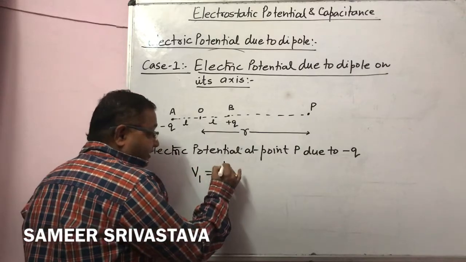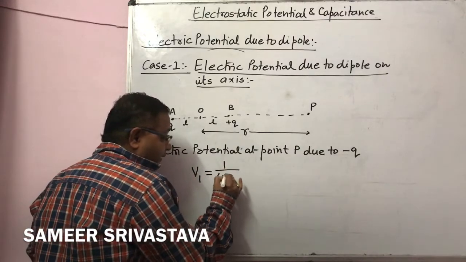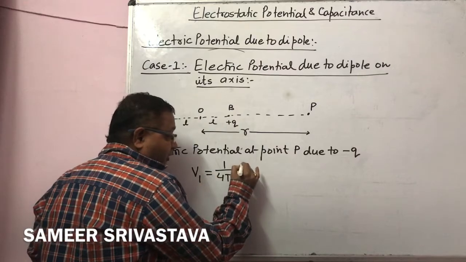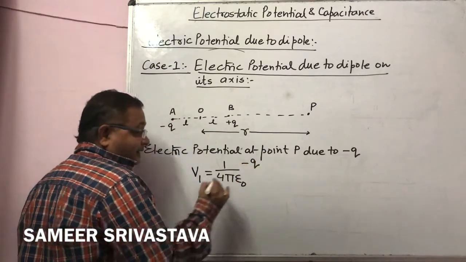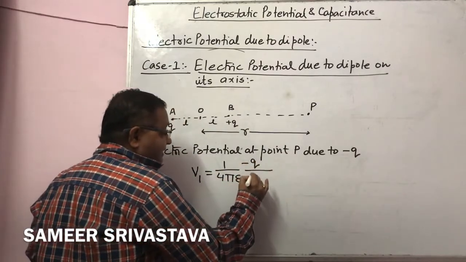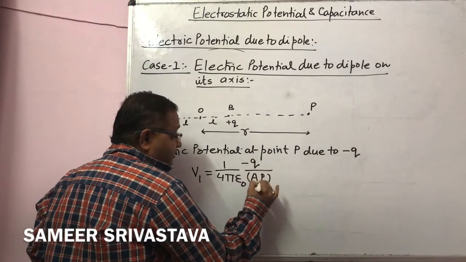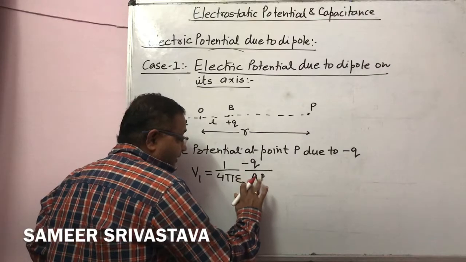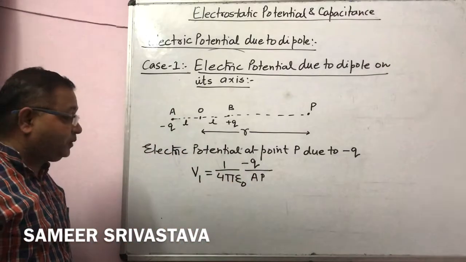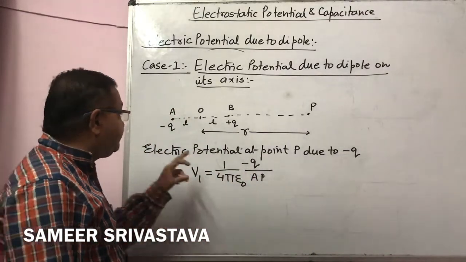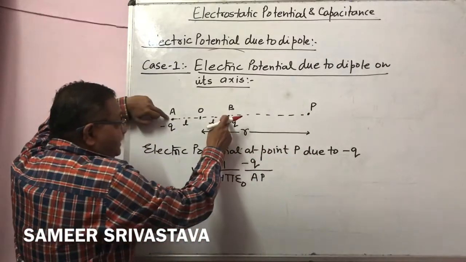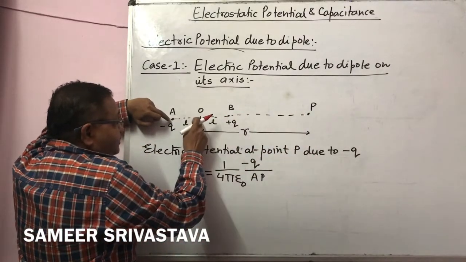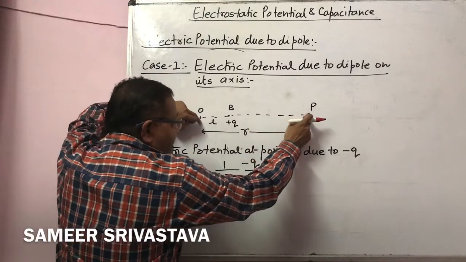So what about the potential due to a point charge? 1 upon 4 pi epsilon naught, charge value minus q upon the distance AP. Sorry, the distance is AP, not whole square. Now what about the value of AP? This much value is l and this much value is r.